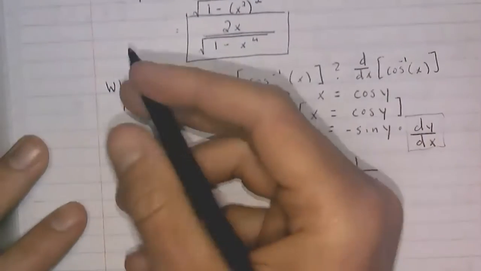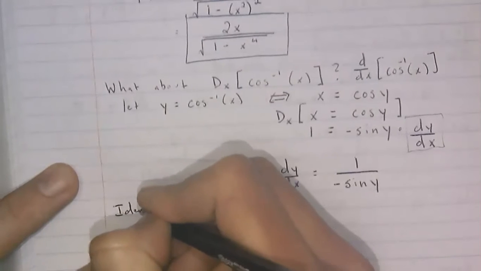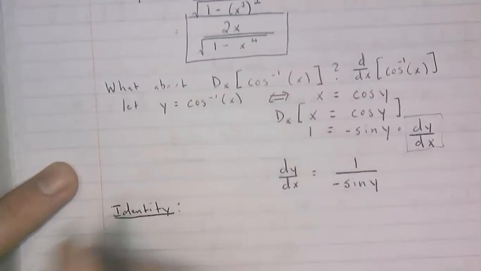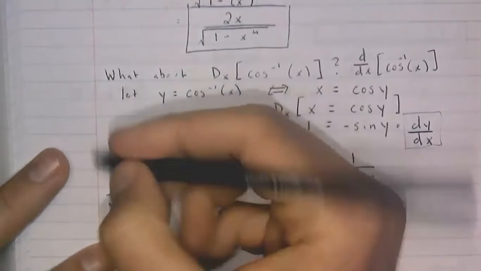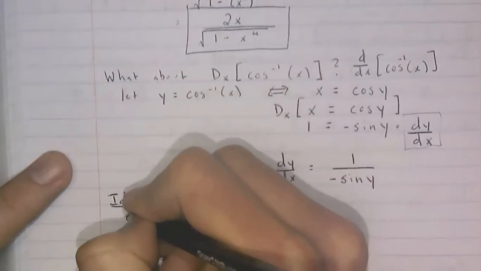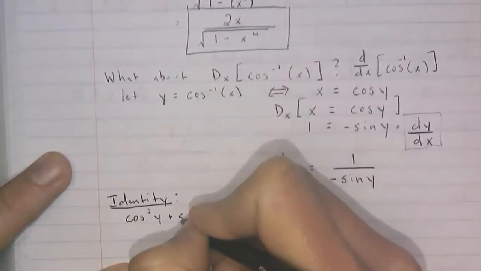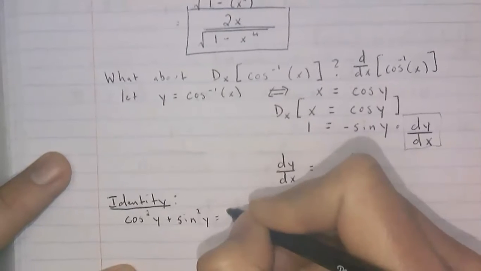So the identity that we're going to look at, basically for every single one of these, really the only trig identity that you really need to memorize in my mind is the cosine squared of something plus the sine squared of that same thing is equal to 1.